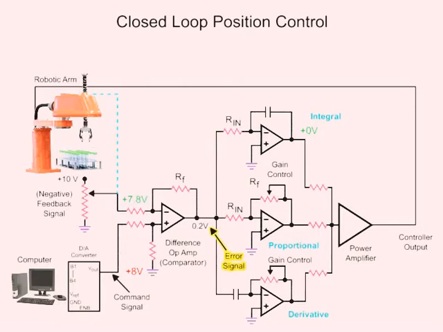The output of the integral amplifier increases and is further amplified by the power amp to overcome the friction and mass of the robotic arm and completes the final move to the desired position. The feedback signal is now equal to the command signal. Output voltages of the amplifiers are 0, and the robotic arm motor stops turning.